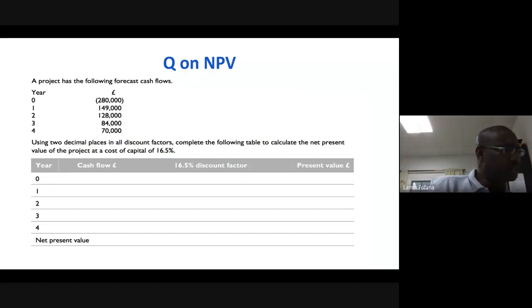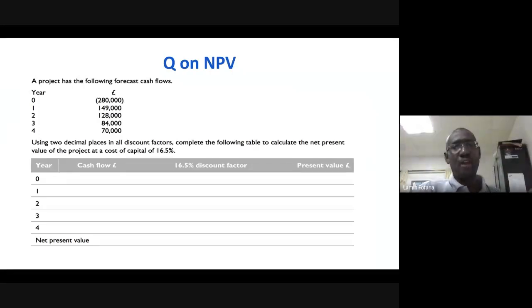Okay, so let's look at this question. It's on top of page 12. Page 12, excellent, yes.